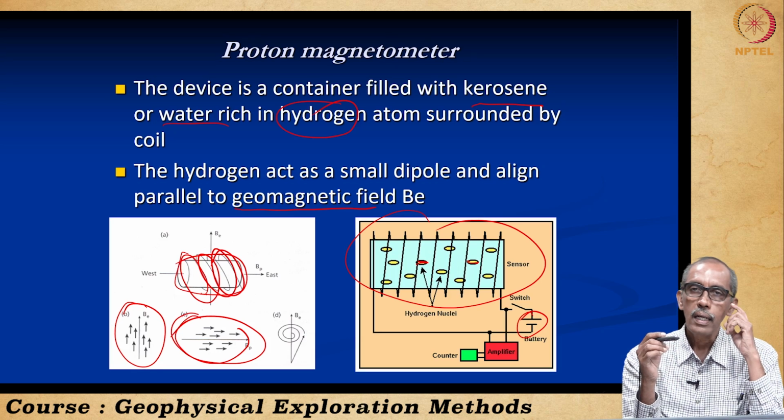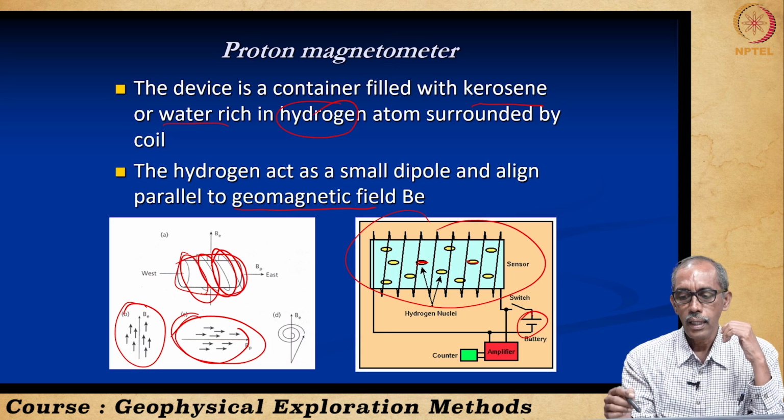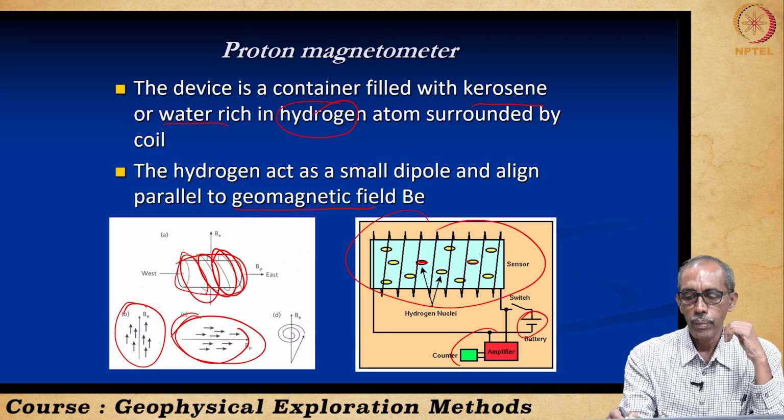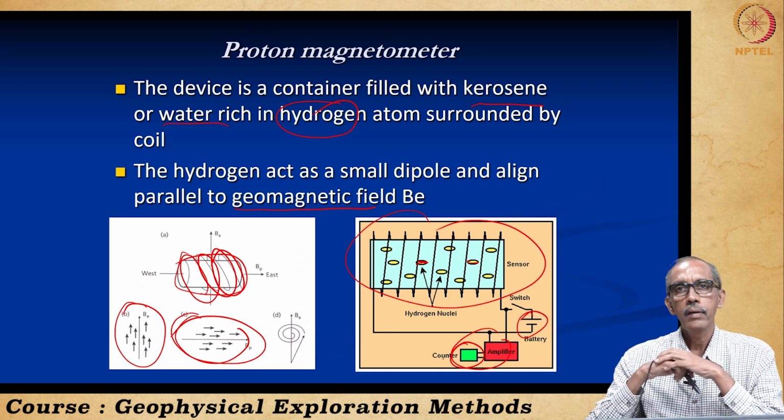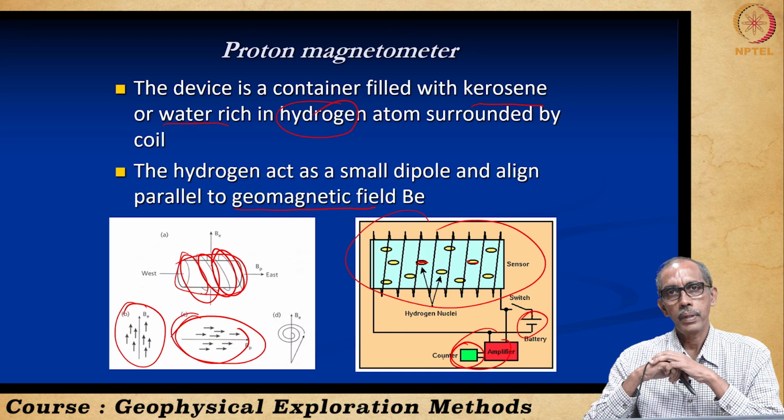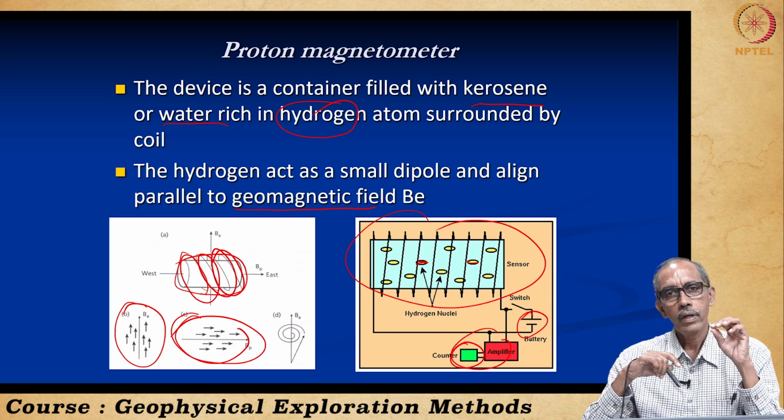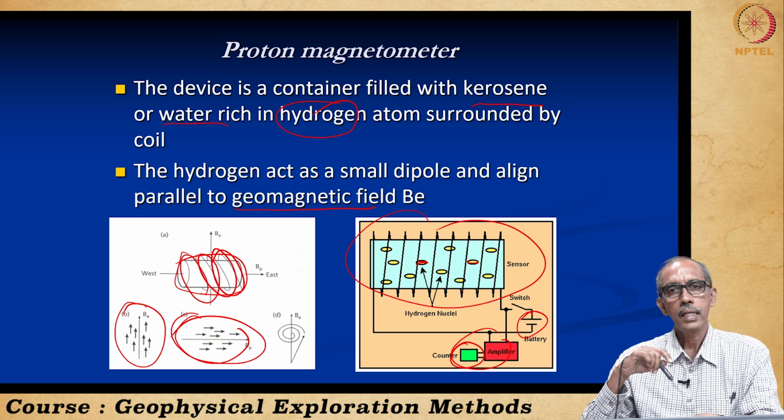This will trigger some electrical signal. That electrical signal is amplified and measured using a digital display, wherein it will be displayed. So, this is how we can understand the prevailing geomagnetic field at that particular place of our investigation.